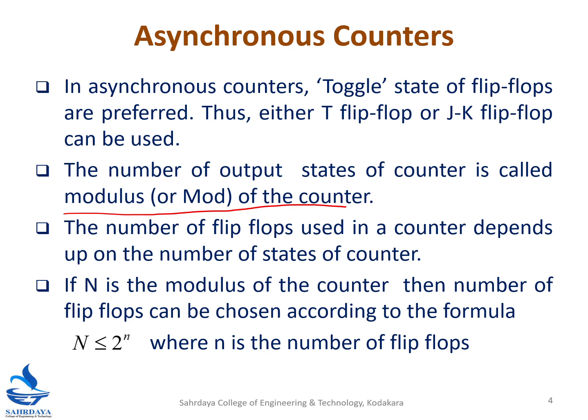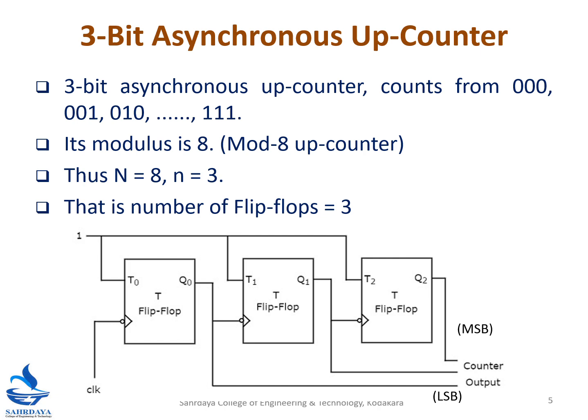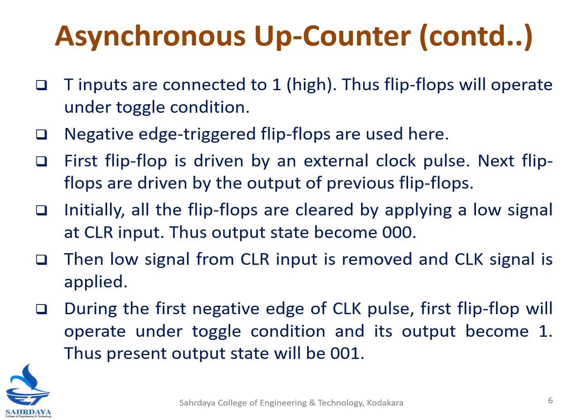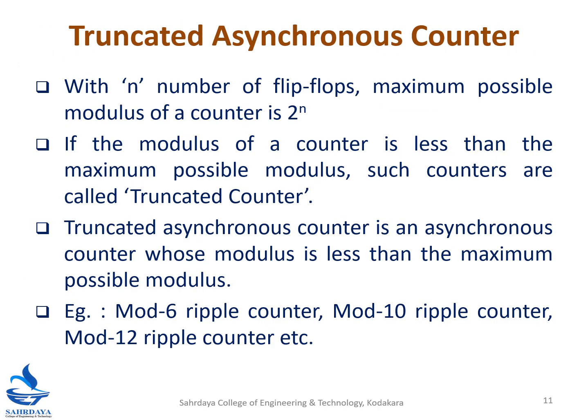Next is truncated counters or mod n counters. Mod n counters or truncated counters means that the counter can count only up to a stage which is less than the maximum possible number of states.